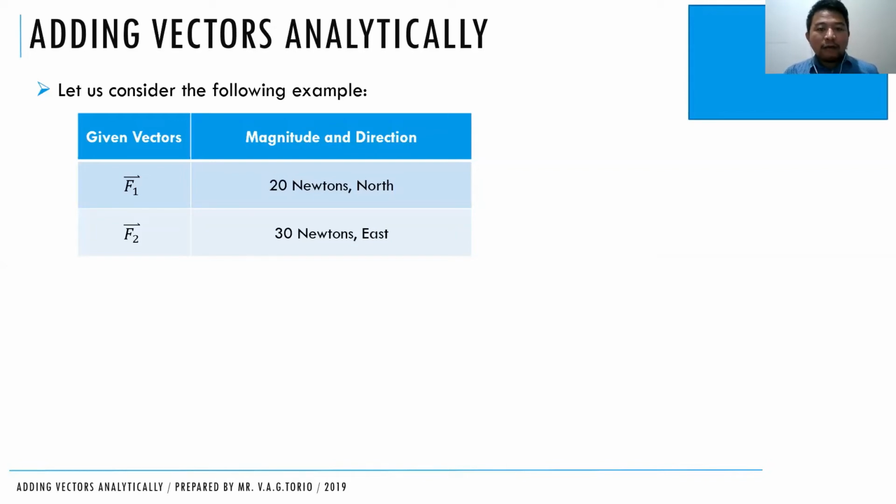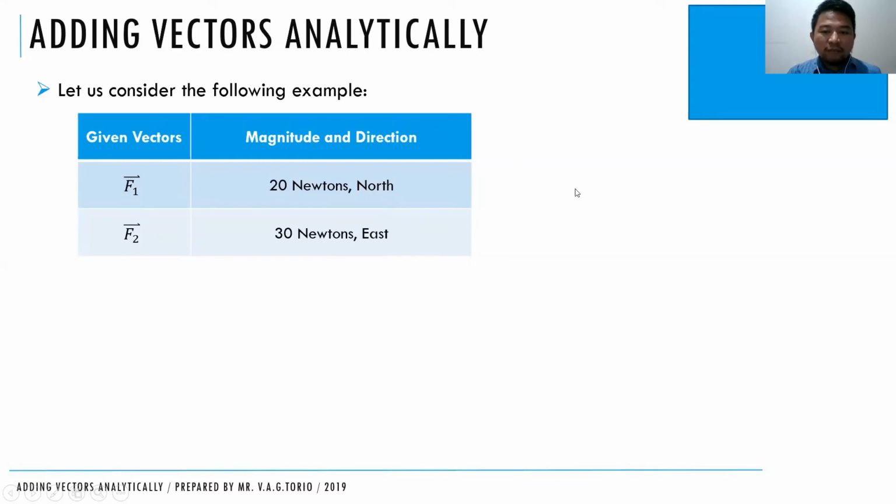In adding vectors analytically, the first step that we need to take note of is to consider the given direction, whether the directions given are expressed in pure angles for easy calculation. So we note that the given directions are north and east. F sub 1 is 20 newtons north, and F sub 2 is 30 newtons east. So our first task is to convert these directions into angles.